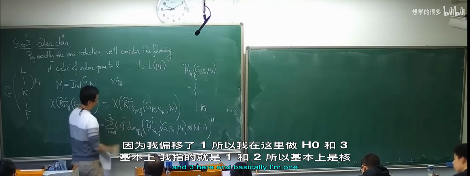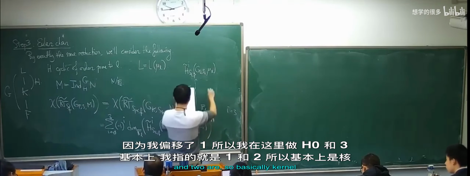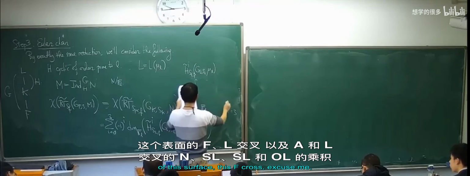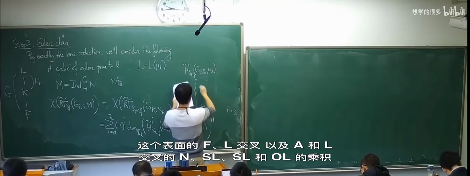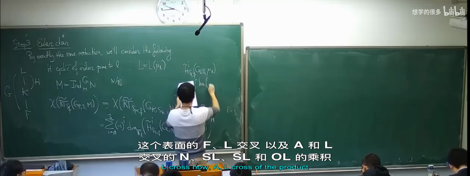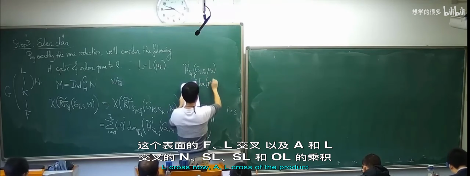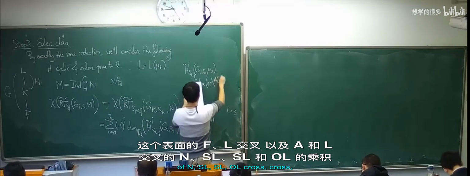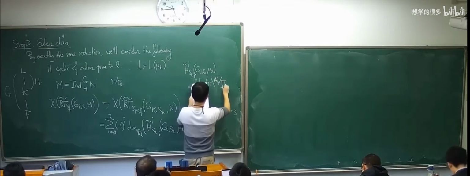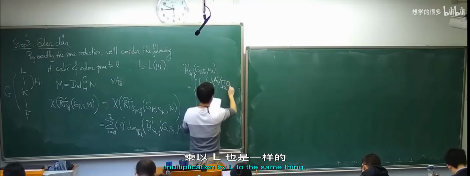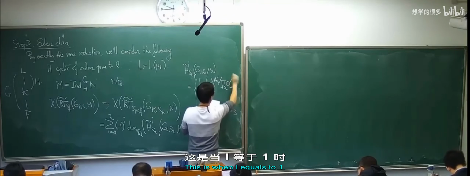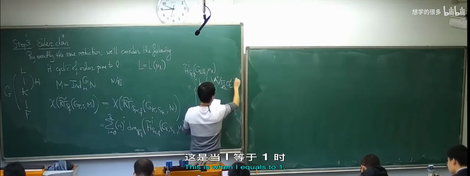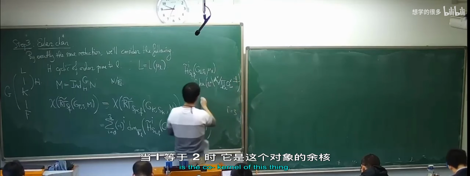And basically other things, so h1 and h2 are the kernel of this map, multiplication by L on the same thing. This is when i equals 1. When i equals 2 it is the cokernel of this thing.